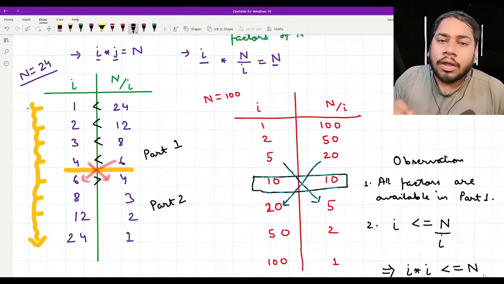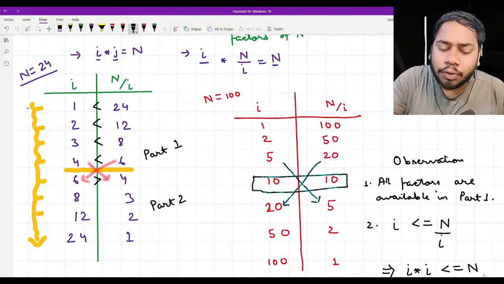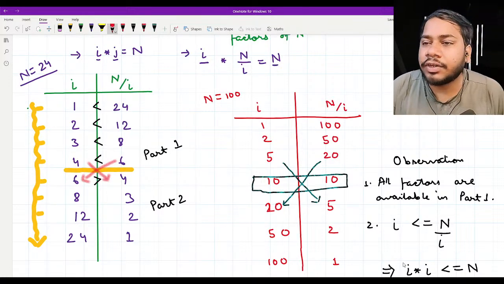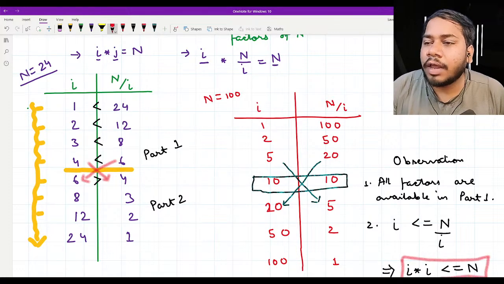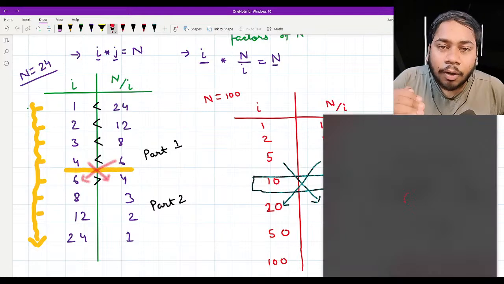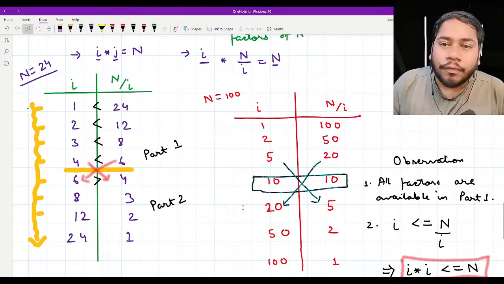So what we got is, if we start from 1 and iterate up to this particular condition, then also we can achieve that.